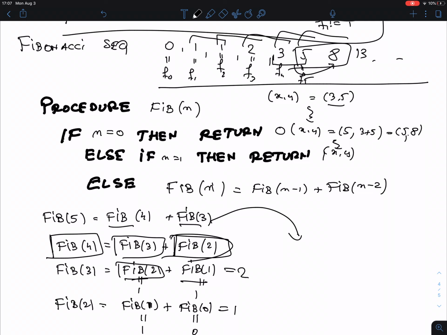This squiggle thing means this is the calculation that the algorithm does. So now, okay, 5, 8. 8 becomes the first element, and 8 plus 5 becomes the second element. And you keep doing this, so it keeps track of the two consecutive elements, and at any time it does know what the fib of any number is. You just have to keep track of it.